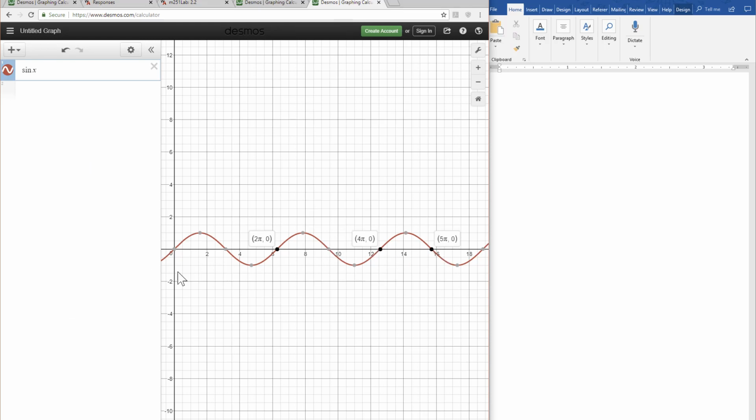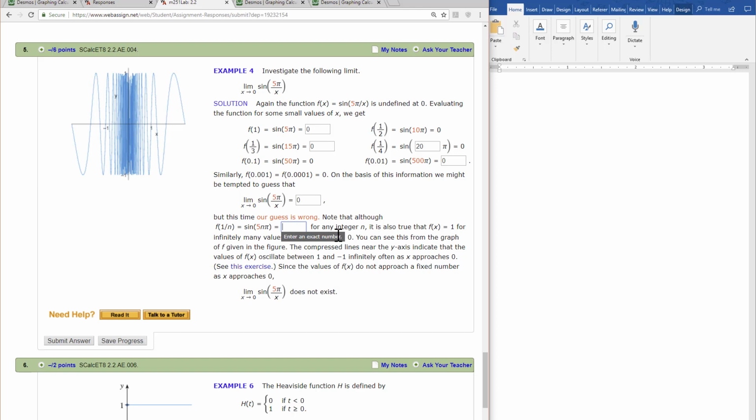All these values are 0 as long as it's a whole number times pi. So for any integer n, this is going to be 0.